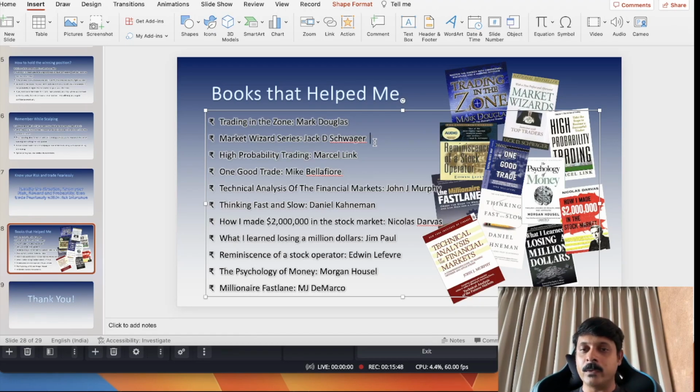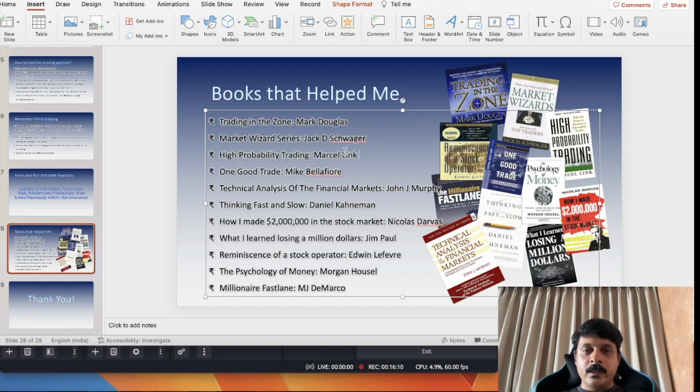It is very interesting. It will not bore you, and trading is an interesting subject. There are 3 or 4 in the series: Market Wizards, Hedge Fund Market Wizards, New Market Wizards, and Unknown Market Wizards. All are good. You can get to know about the prominent traders in the world also.